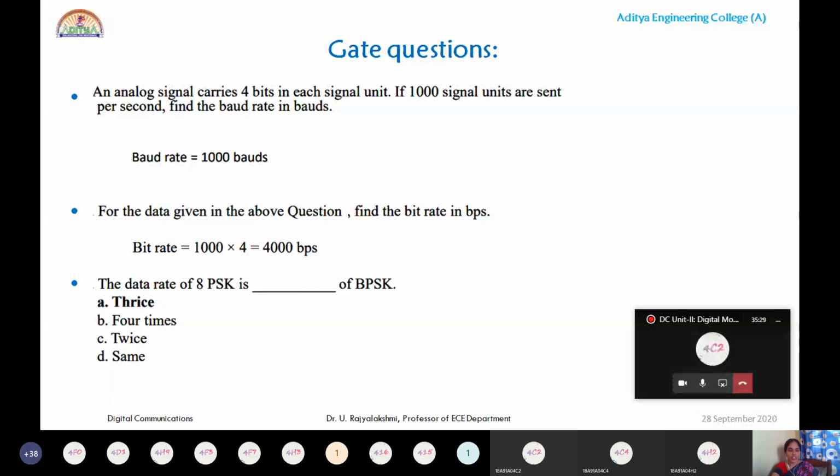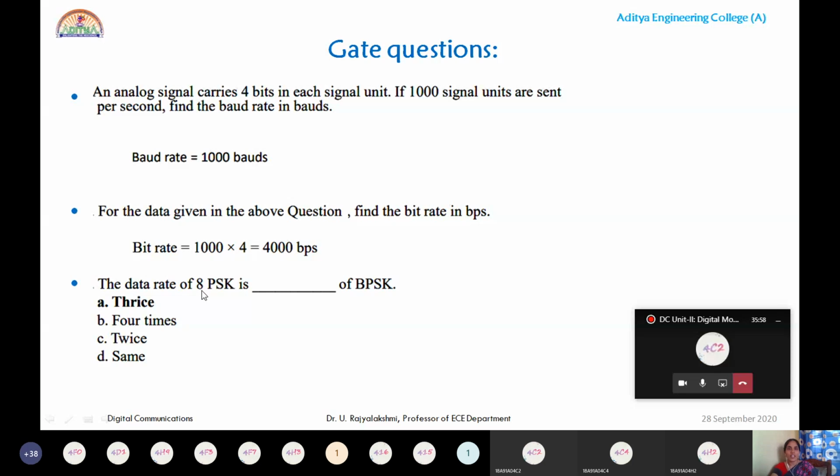It is represented with a capital letter R, and as I already told you, the expression is n into Fs. So data rate is n times Fs. For a particular phase shift keying, if Fs is constant, then for the question shown here, the data rate of 8-ary PSK is dash times that of BPSK.